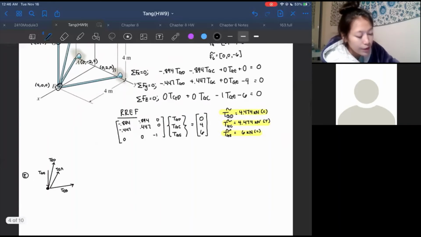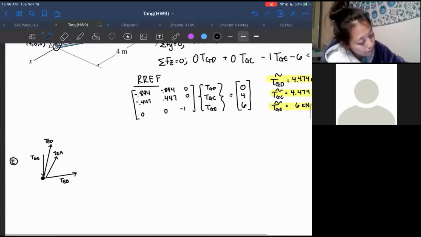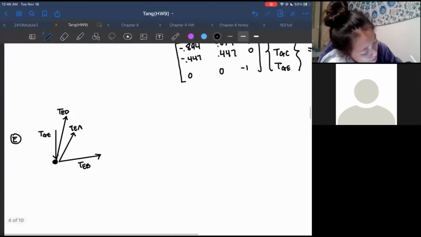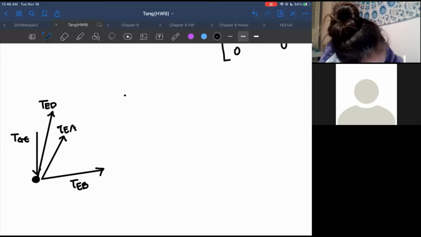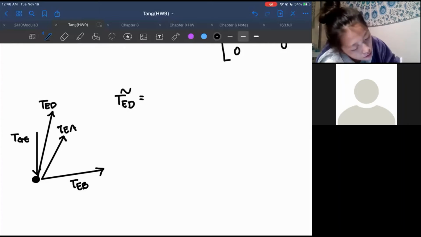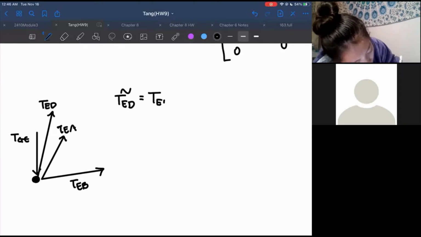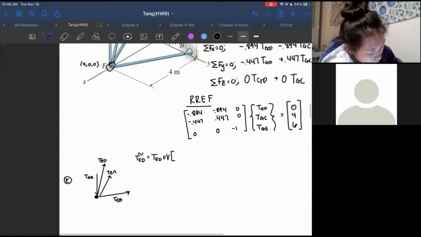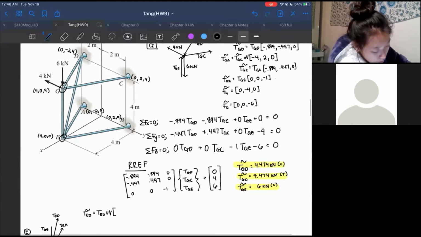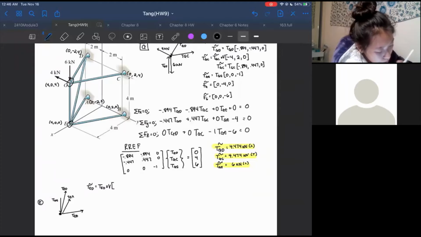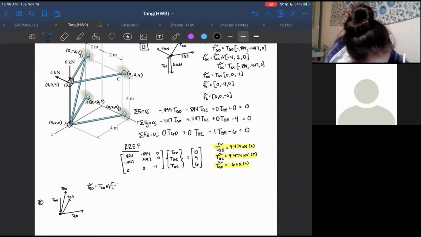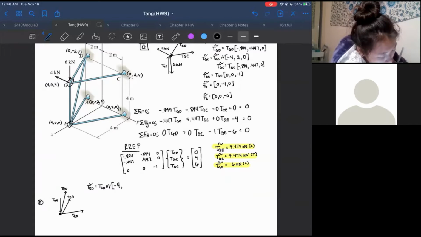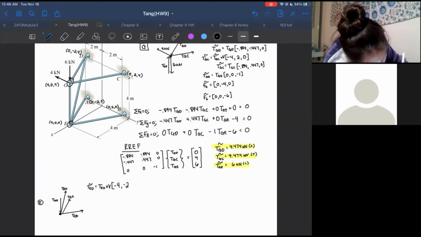So now we're just going to do the same thing when we find the vectors. We know that the force at E equals the unitized vector times the magnitude, and E to D. So let's see. E to D is going to be 0 minus 4, which is negative 4. We're going to do negative 2 minus 0, which is negative 2.